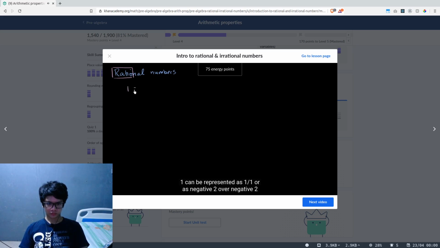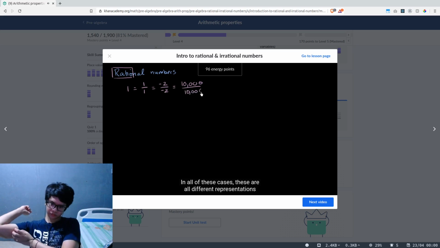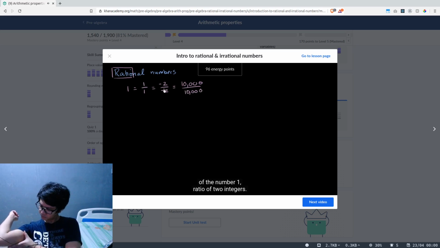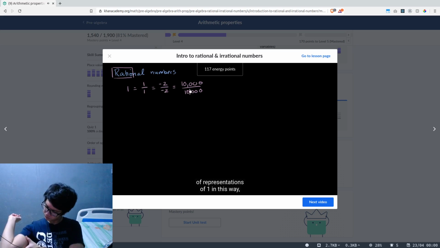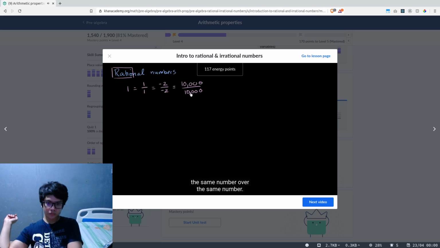1 can be represented as 1 over 1, or as -2 over -2, or as 10,000 over 10,000. In all of these cases, these are all different representations of the number 1, a ratio of two integers. And I can obviously have an infinite number of representations of 1 in this way, the same number over the same number.